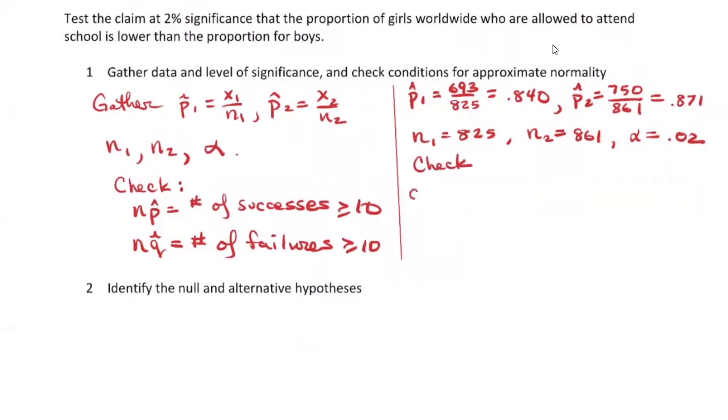Let's do girls first, and then boys. For the successes, you don't have to compute it because it's given. There were 693 girls that were going to school. Okay, and of course that's greater than or equal to 10. Any questions? It's hard to read.